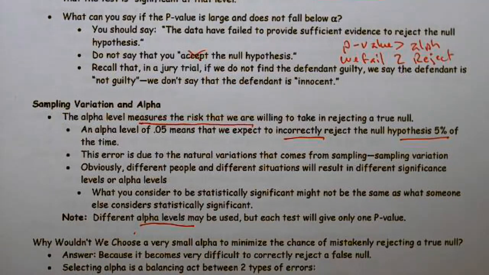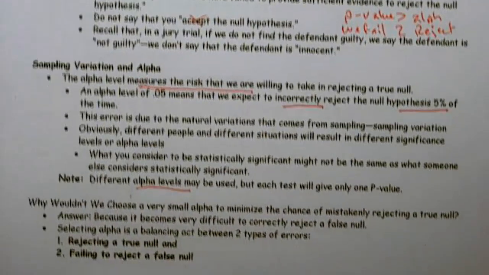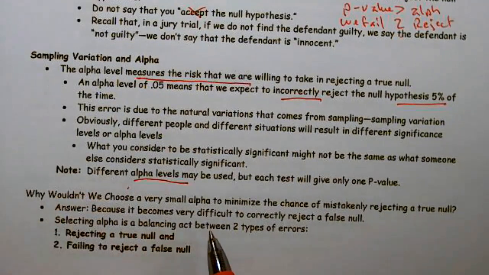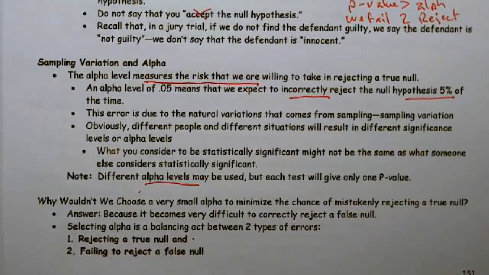But when we choose a small alpha level to minimize the chance of mistakenly rejecting a null, we can make a different type of error, which means we can reject the null and that be an error sometimes, or we can fail to reject a null and that's also an error. And so if you decrease one error, the probability of the other error goes up.